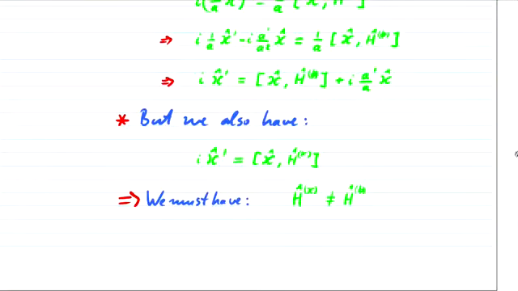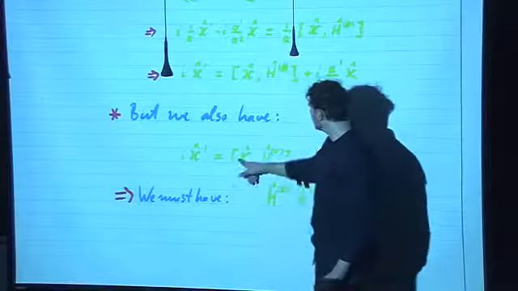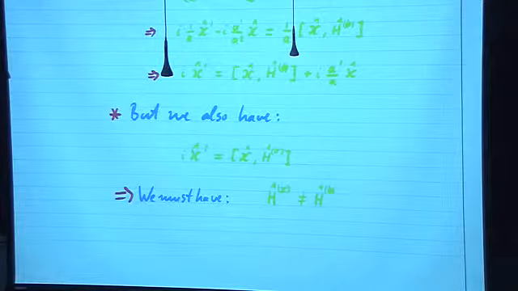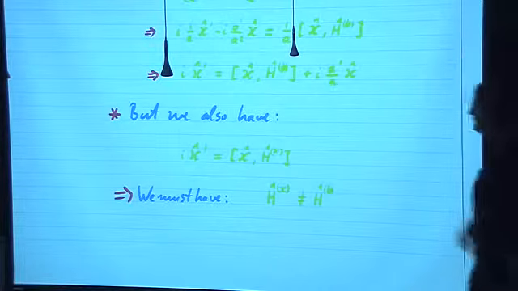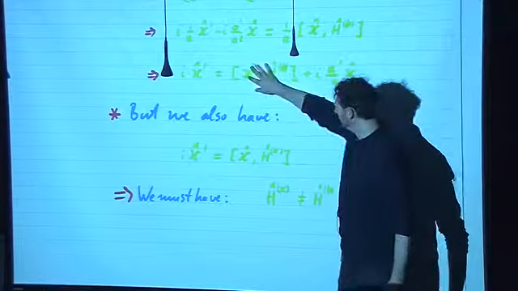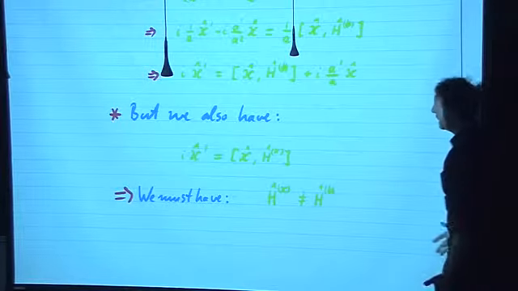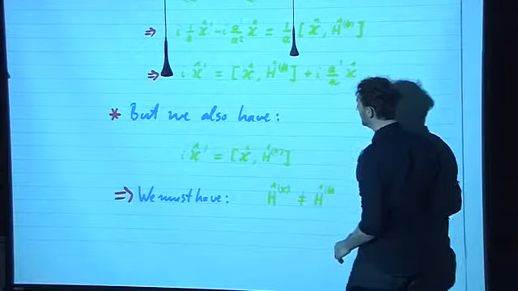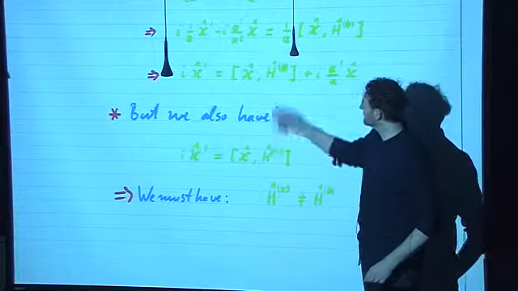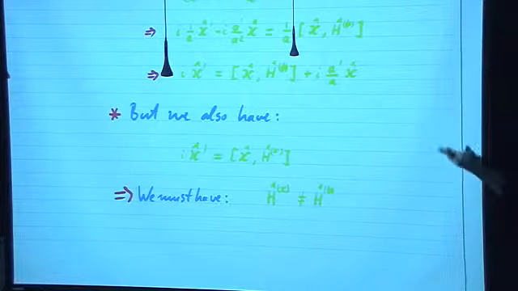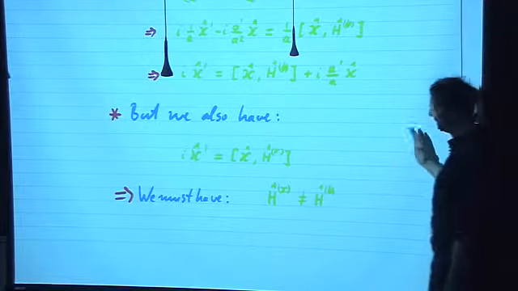Okay, so since we have that chi prime is given by this, we know that from the general properties of the Legendre transform. And since chi prime is also, as we just derived, evolving like this, we can tell by comparing that this must be equal to that. So in particular, the two Hamiltonians cannot be the same. If they were the same, right? So we just proved without calculating the Hamiltonians that indeed there are two Hamiltonians in the game.